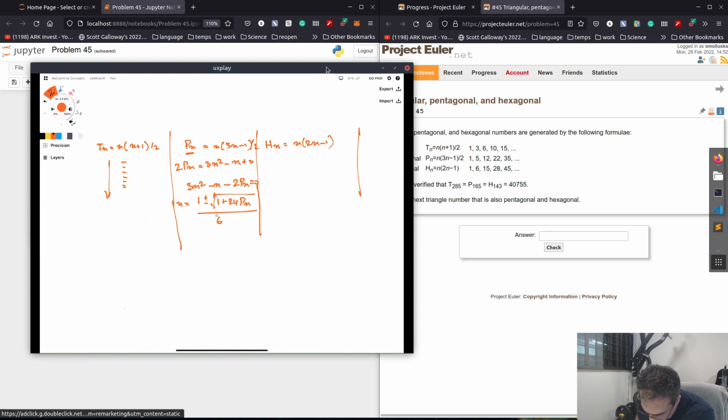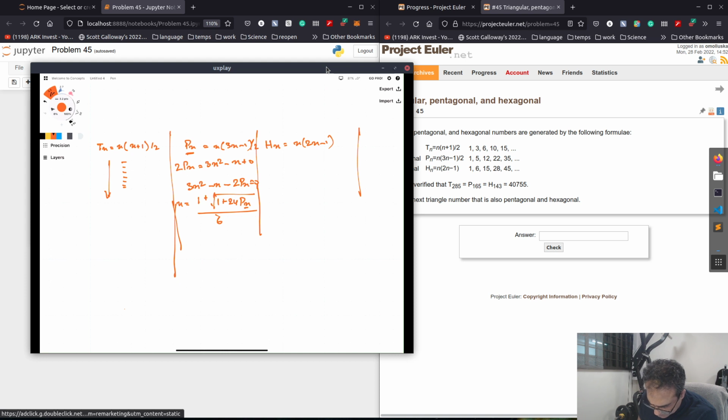So given Pn, if this comes out to be an integer, then we know that this is a pentagonal number. And we know that n is going to be greater than 1, so we don't have to worry about the negative sign, only positive signs, because pentagonal numbers start with n equals 1, apparently.